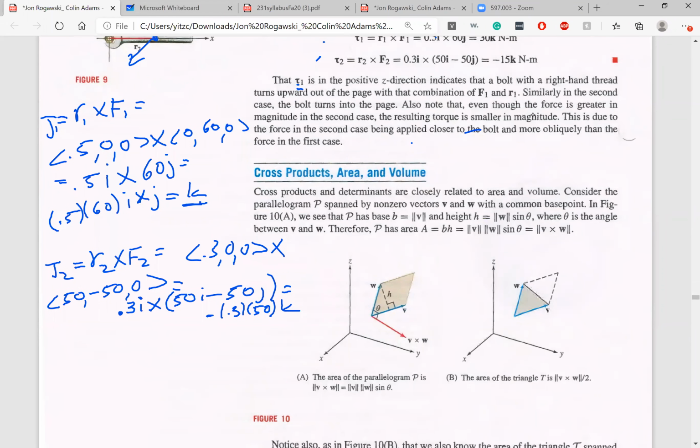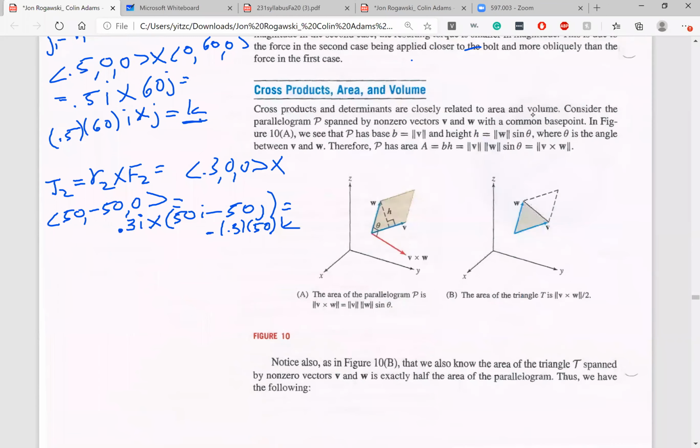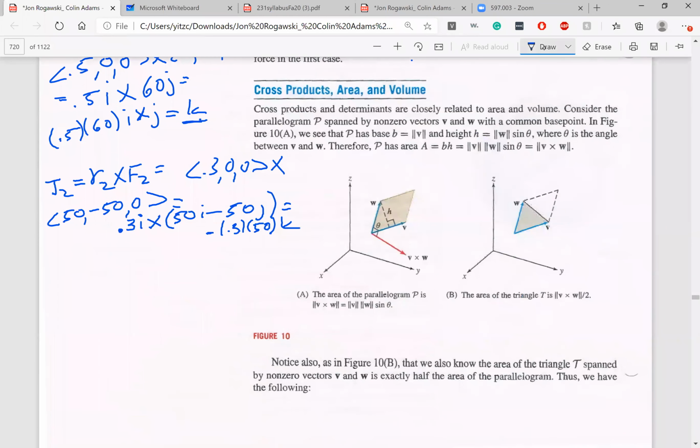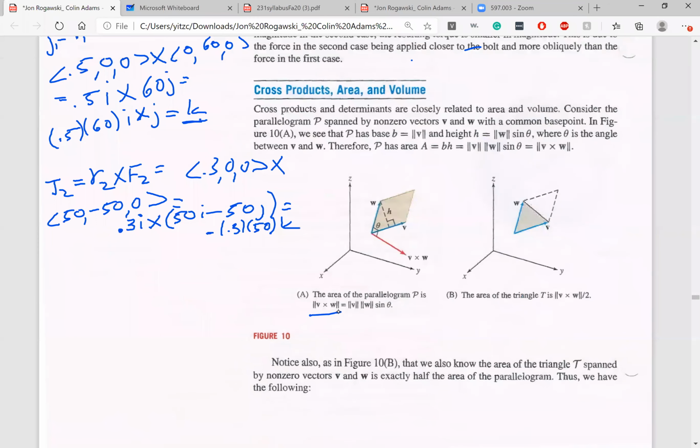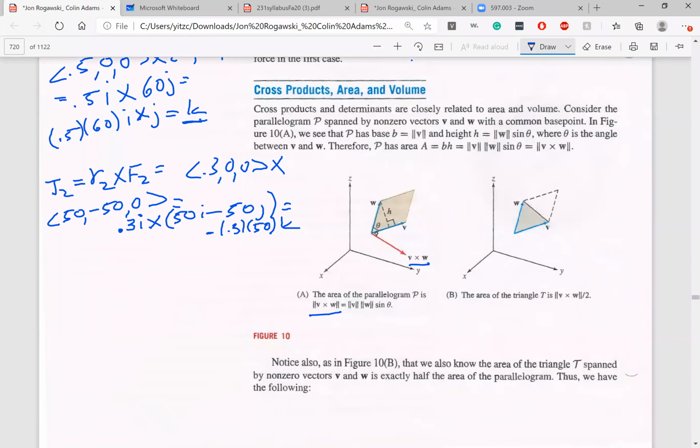So going back here, the area of a parallelogram is going to be the magnitude of V cross W. And here is your V cross W, and it's going to be the magnitude, and that's going to get you the area of this parallelogram created by V and W. And the area of the triangle created by V and W is 1/2 of that.